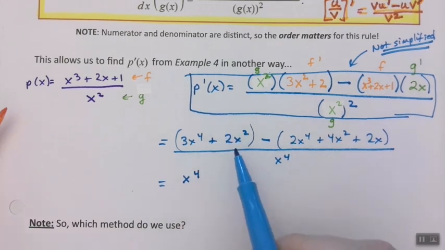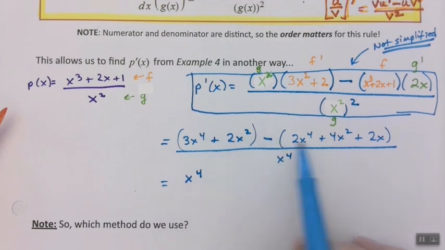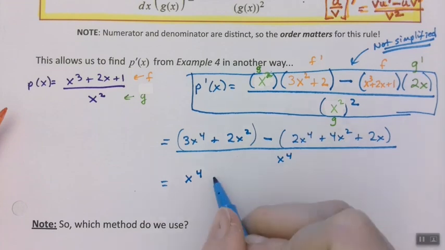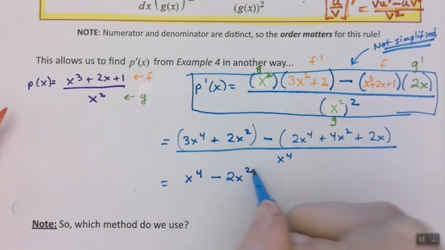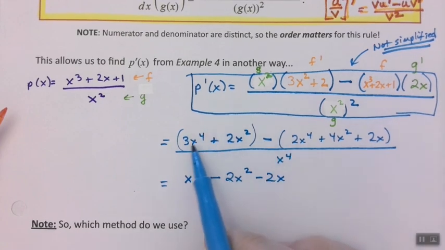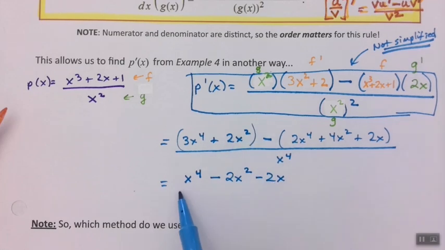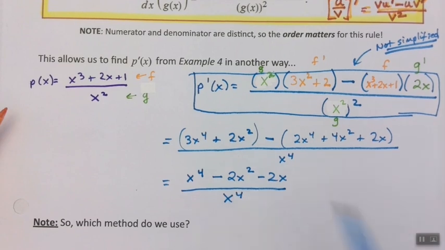Then 2x squared, take away 4x squared, which would be negative 2x squared. And then no constant terms here, a minus 2x. So I'm distributing the minus as I go, all over x to the fourth.